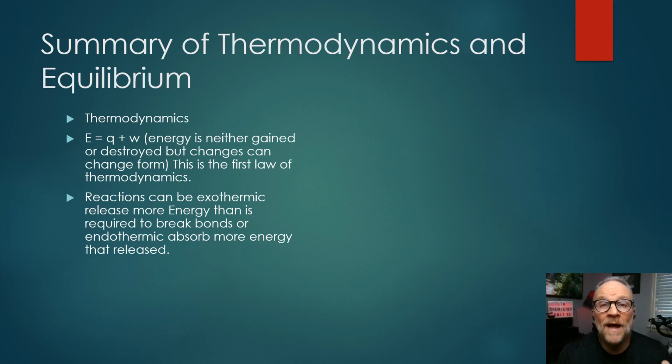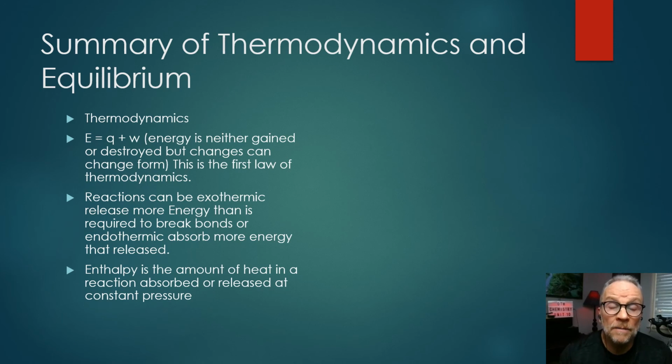And then we had endothermic systems whereby the energy required to break the bonds is more than the energy released when the bonds are reformed on the product side. And so we talked about those having a Q value that is positive because the system is absorbing energy, or a delta H value where the system is absorbing energy, so that is positive also.